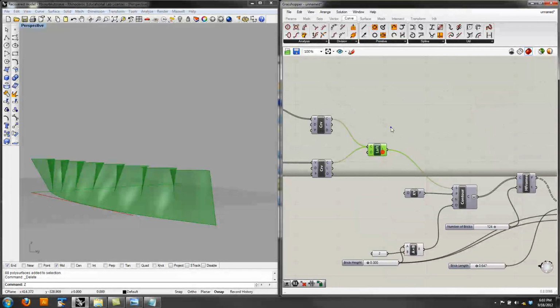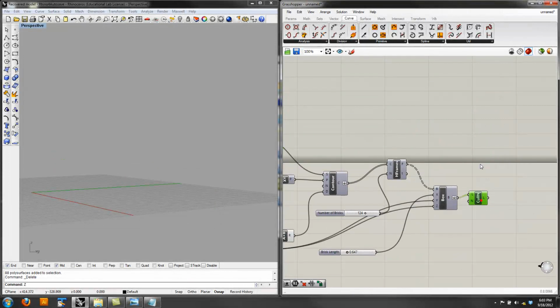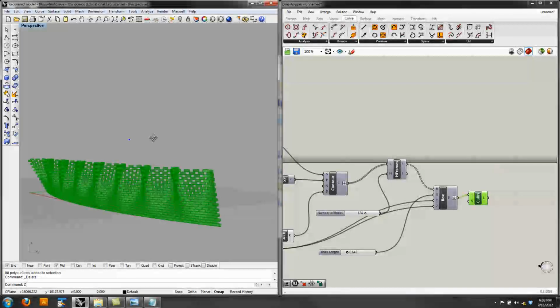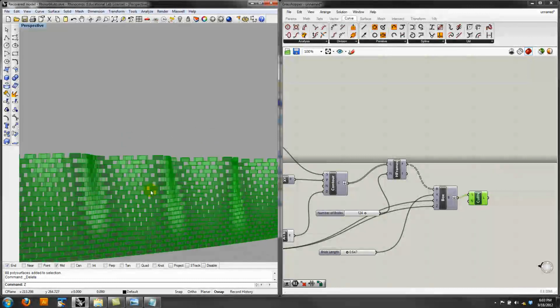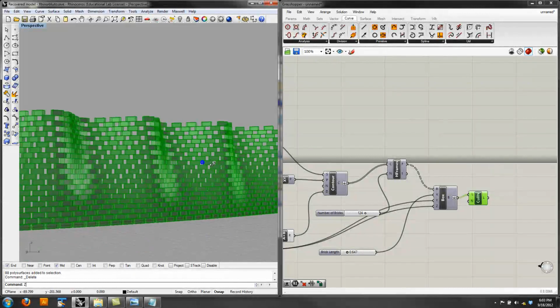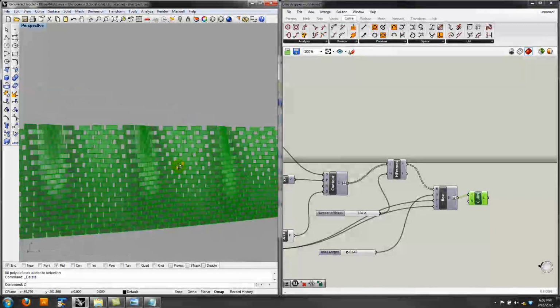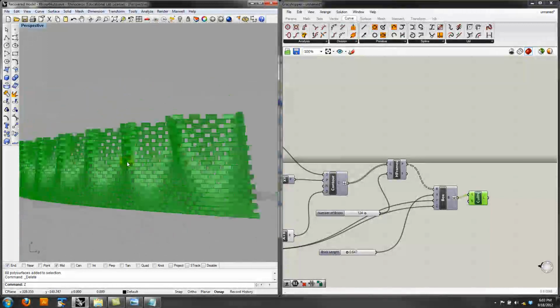So if I go back and turn on my bricks again, look at that. That's kind of cool. Just like the example that we looked at.